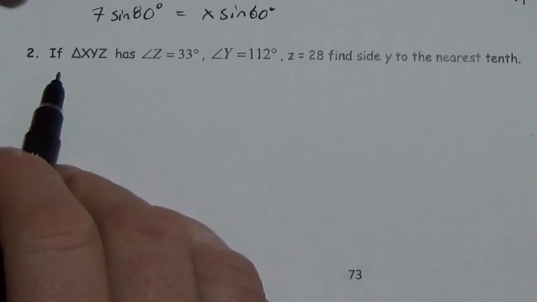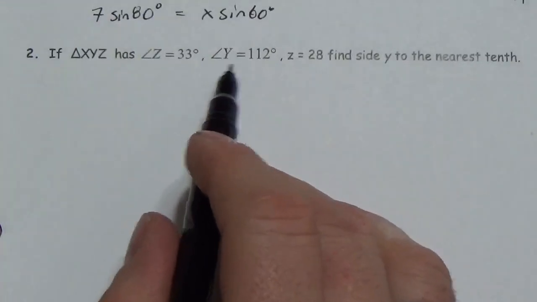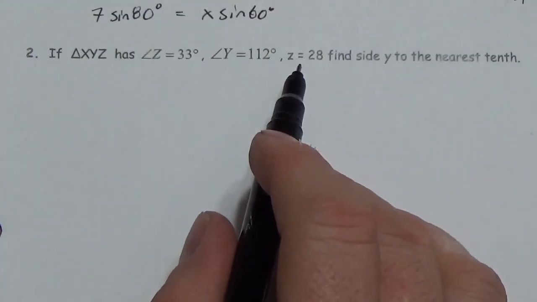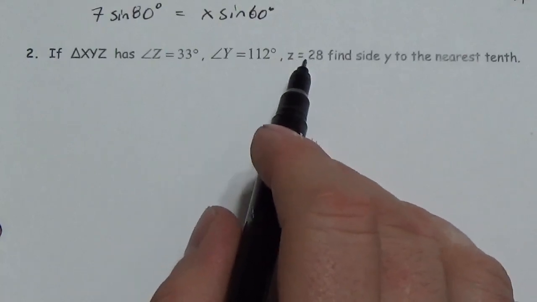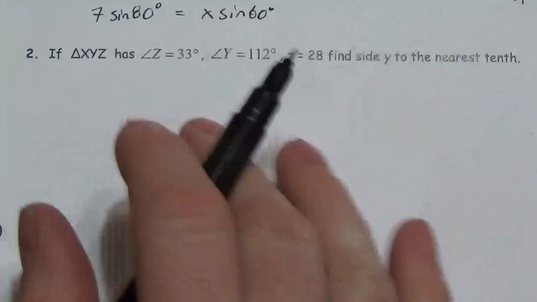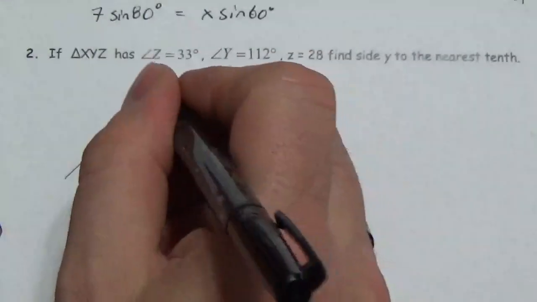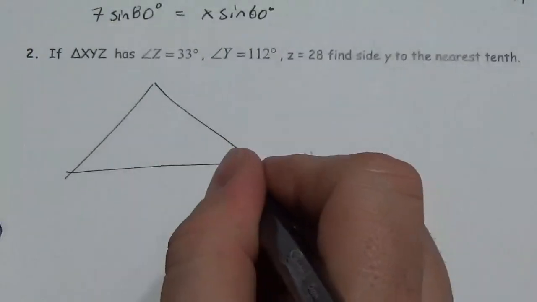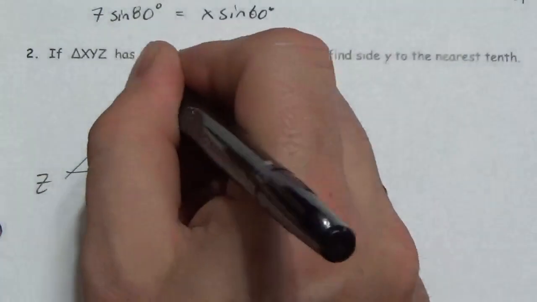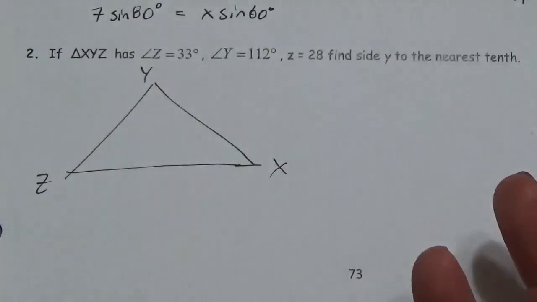Okay, so in this question it says if triangle XYZ has angle Z equal to 33 degrees and angle Y equal to 112, if little z is equal to 28, find y to the nearest tenth. Now the difference between the two questions is that in this one, we're not shown the triangle. So now, let's do this. Now I'll make this Z, Y, and X. I can do that in whatever order I want.